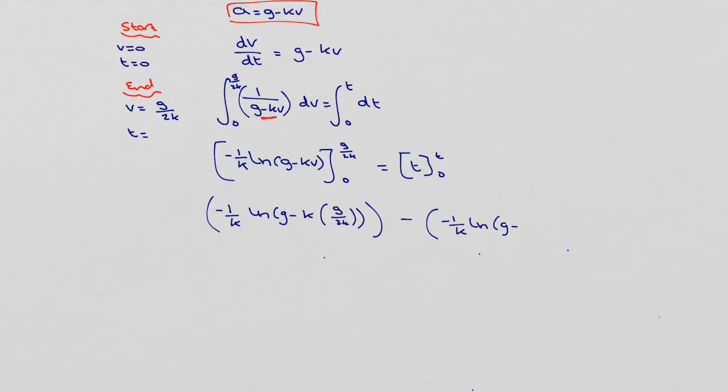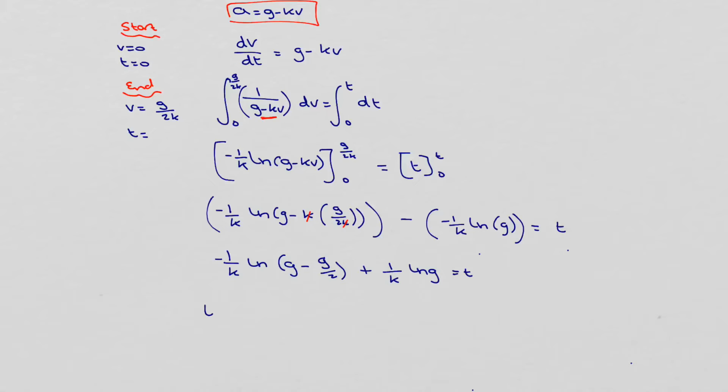So if I sub in for 0, I'm just going to get g minus 0, and then that's going to equal t. Okay, so let's simplify here. We have minus 1 over k natural log g minus, well, k is going to go into k, leaving me with minus g over 2. And then that's minus minus, so plus 1 over k natural log of g is equal to t.